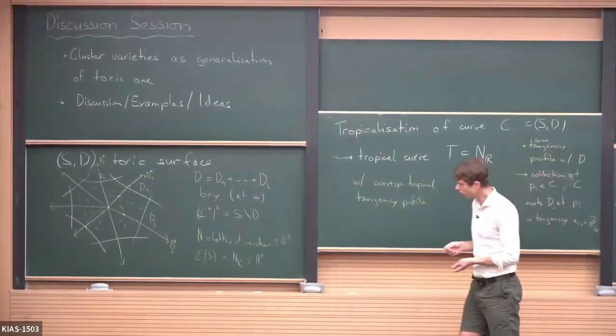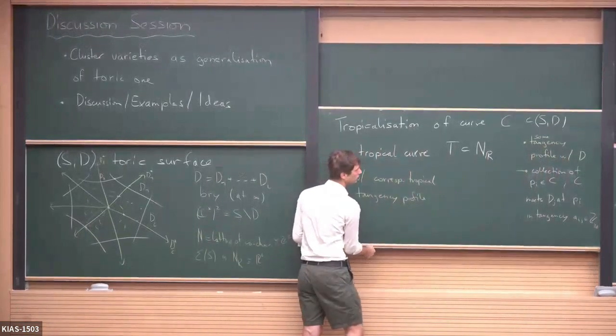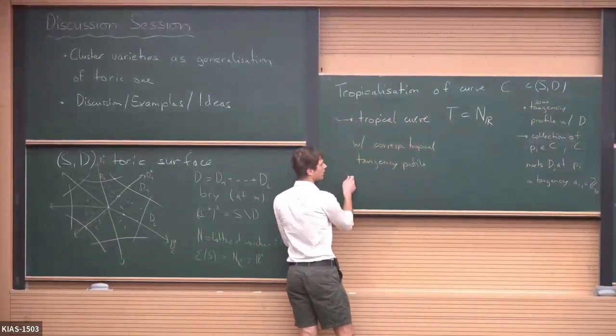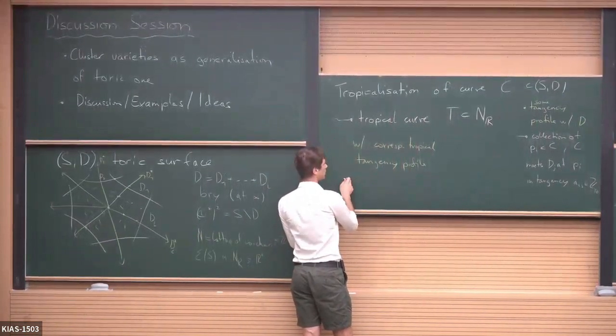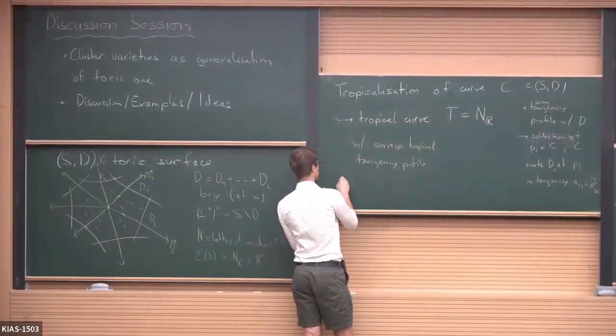Yeah? And then this corresponding tropical tangency profile becomes asymptotic rays. I mean, rays are asymptotic.